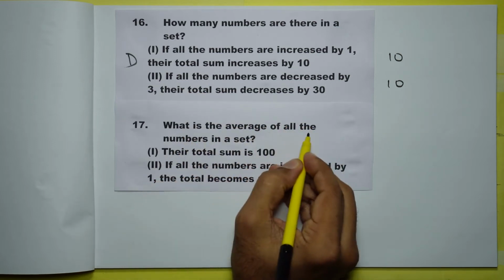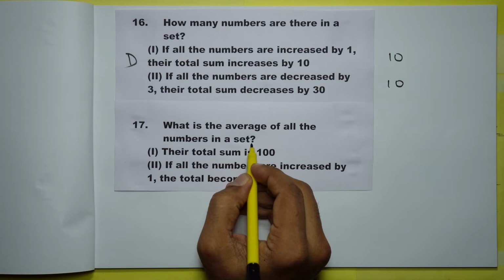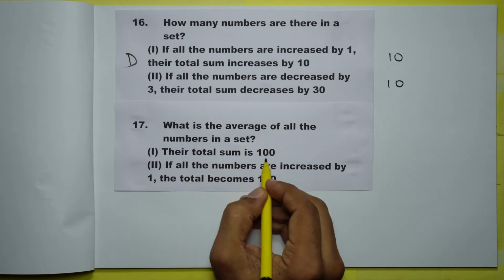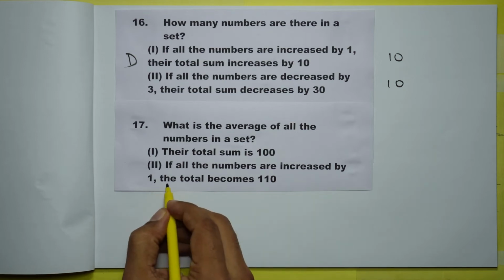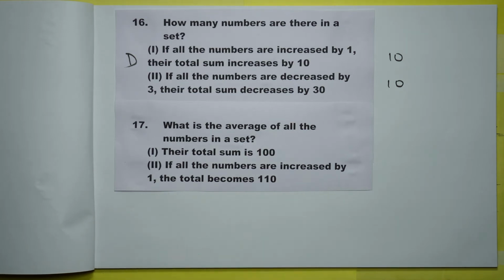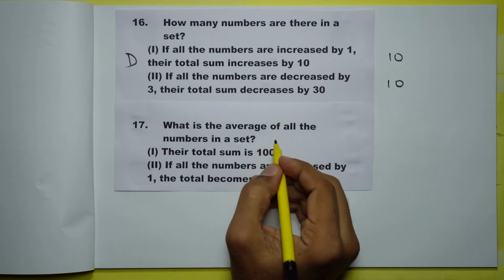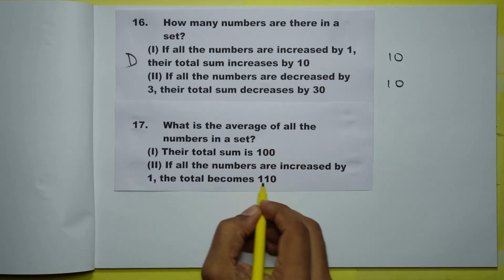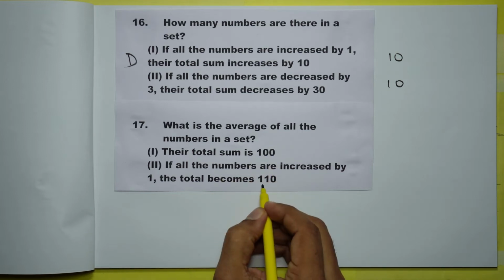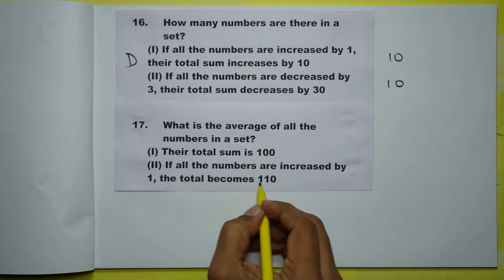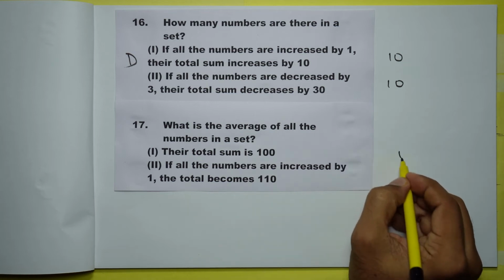What is the average of all the numbers in a set? Their total sum is 100. If all the numbers are increased by 1, the total becomes 110. That is, if all the numbers are increased by 1, the total increases by 10. Initially it was 100, now it has become 110. So, which means that the number of numbers should be 10.